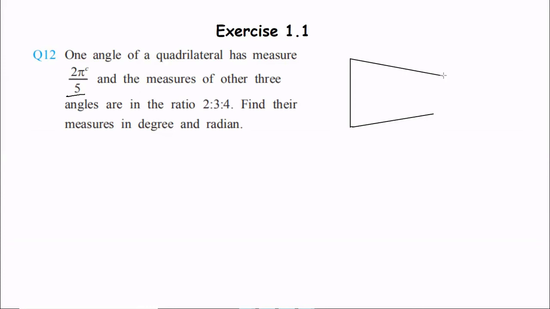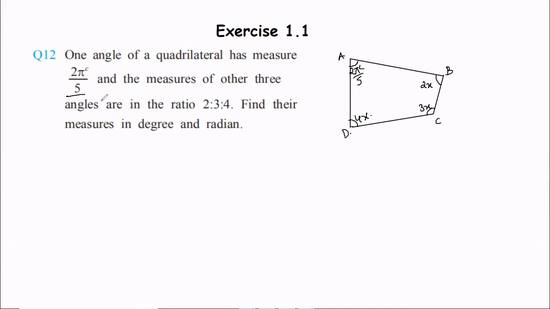One angle is given as 2 pi by 5 radian. The other angles we don't know, but they have given us ratios, so 2x, 3x, and 4x. I've taken the common multiple as x. We name the quadrilateral ABCD for reference.